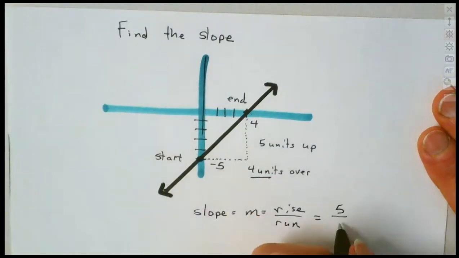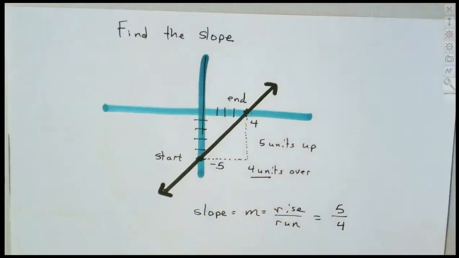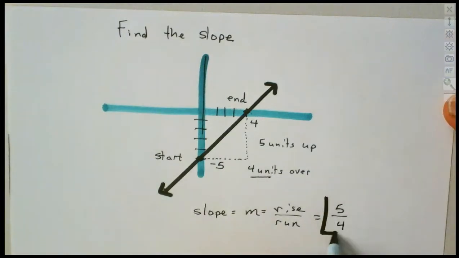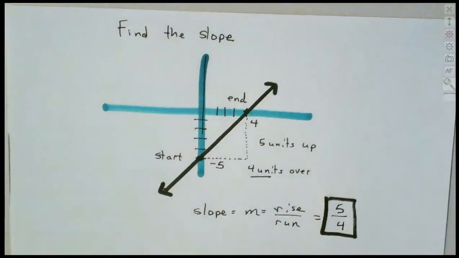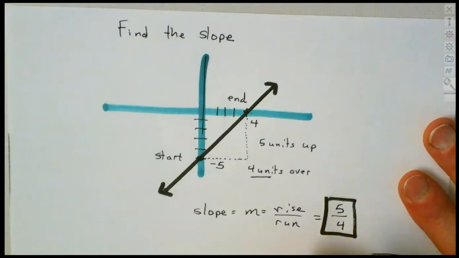So, your slope would be 5/4. Because you went up 5, and you went over 4. That makes sense because that's a positive slope, and it should be because we talked about this line going up from left to right. And that makes it positive, and we found our slope.